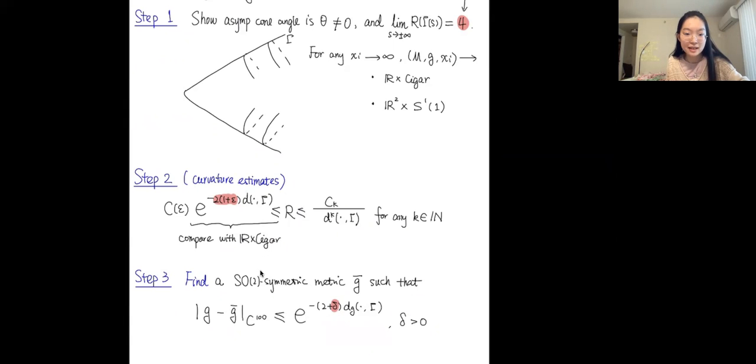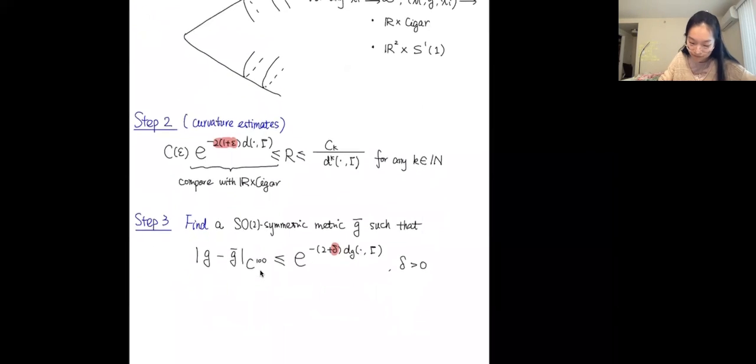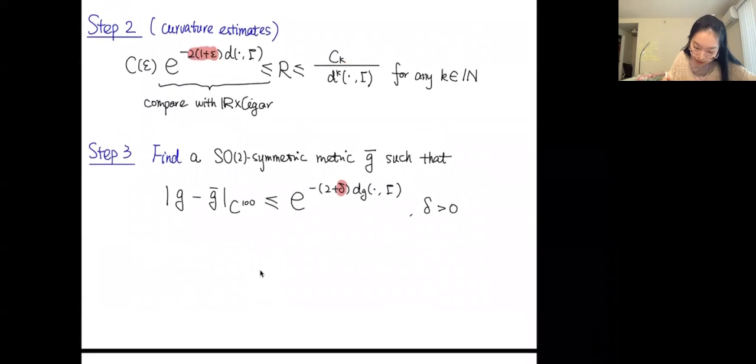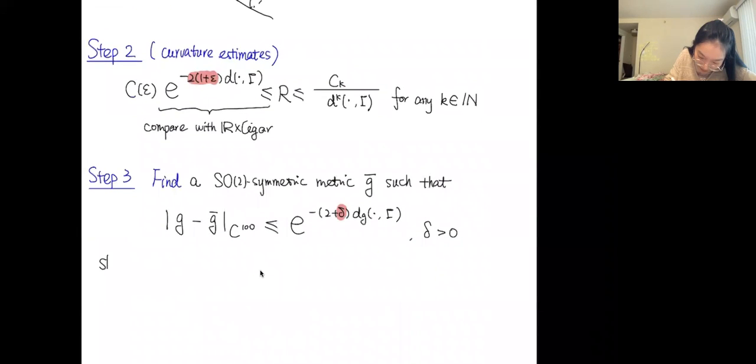Okay, let me see. I think I'll have time to follow this. So let me give a sketch of this step, a sketch of step 3.